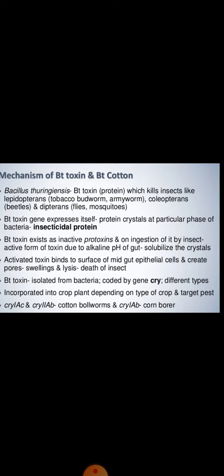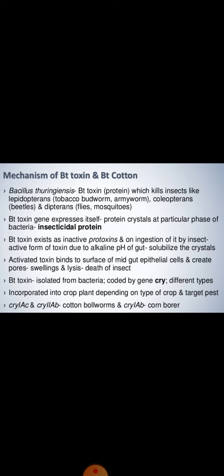For example, lepidopterans, which is one group of insects, and in that come tobacco budworm and armyworm. These worms come under the category of lepidopterans. Then coleopterans, in which beetles come. Then dipterans, in which flies and mosquitoes come. So this toxin has the capability to kill all these insects.